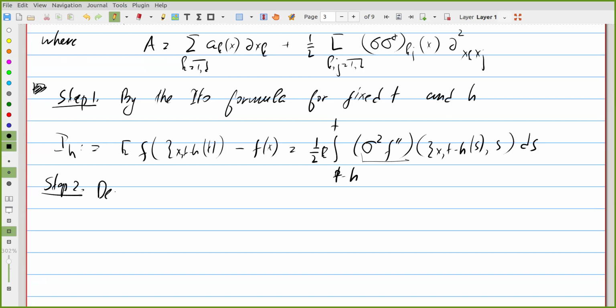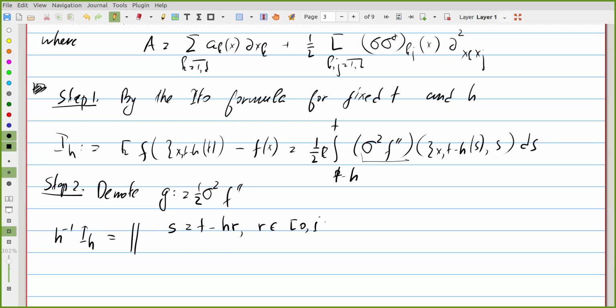So let's denote g equal to sigma squared over 2 times f second derivative. The change of variable should be as follows: s should be t minus h r, r from 0 to 1. So ds is minus h dr.